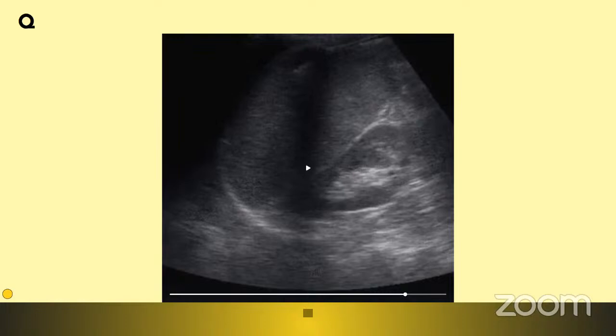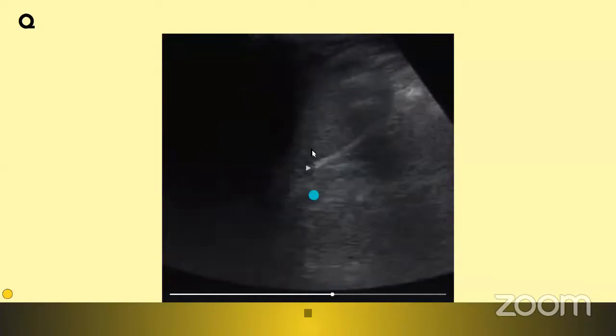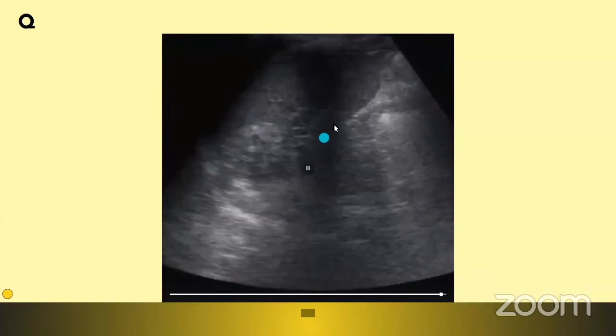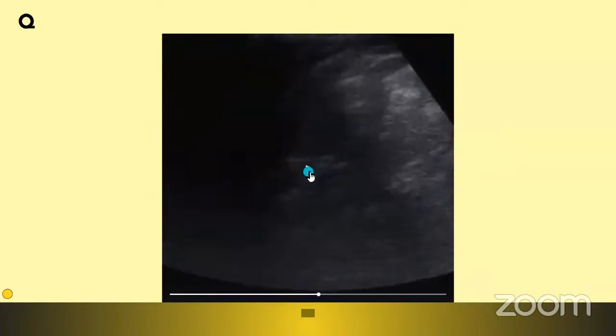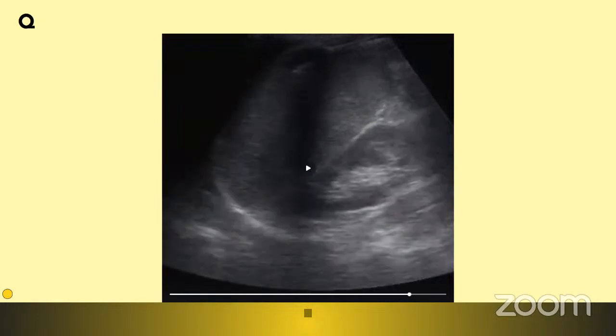But as a shortcut, if this is the cephalad area, and this is the tail end, and as you go deeper, if you are able to appreciate this elongation here, this is most likely a liver, because the liver is much bigger and longer, so the right lobe would travel more inferiorly. Whereas the spleen is more wedge shaped, so it is much shorter on the inferior end.